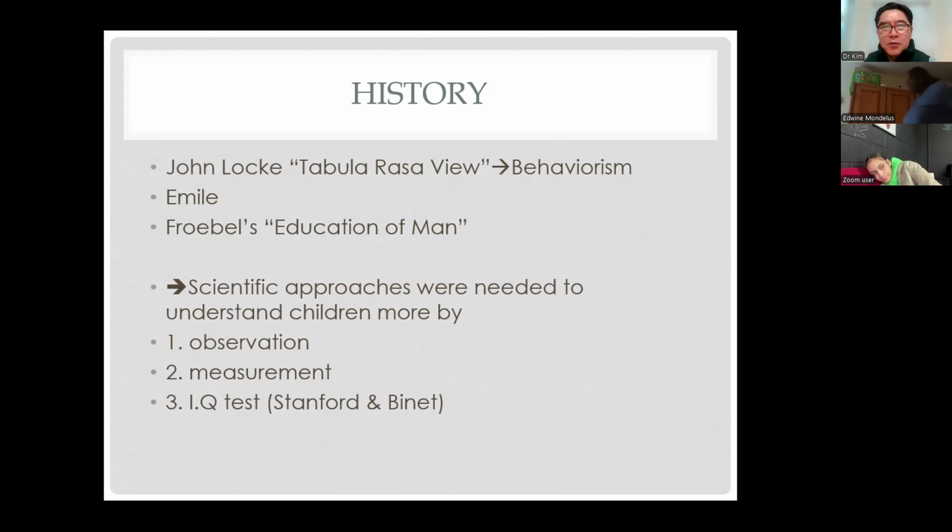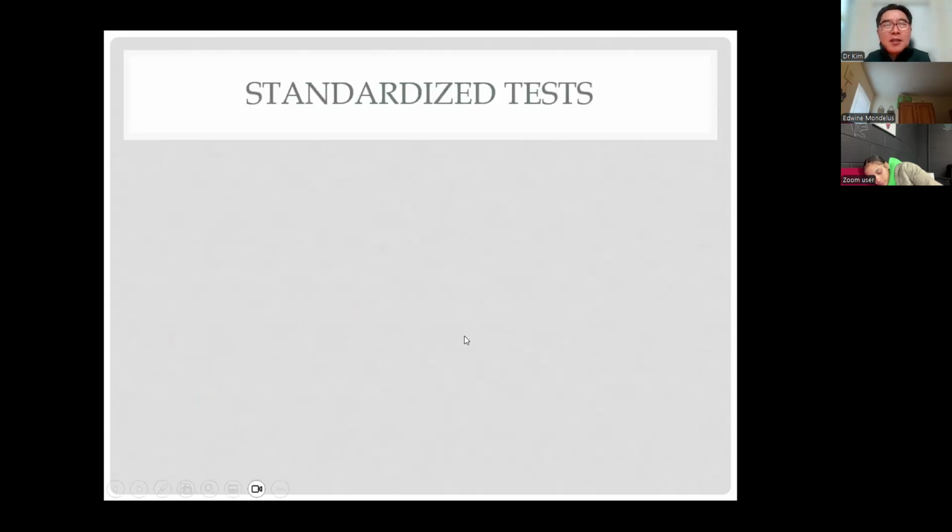We often use the IQ test, a standardized test. It is part of a maturationist view. With a standardized test, we look at the standard, the average, the mean score on some measurement scale. All right, standardized test, I explained a lot about it.